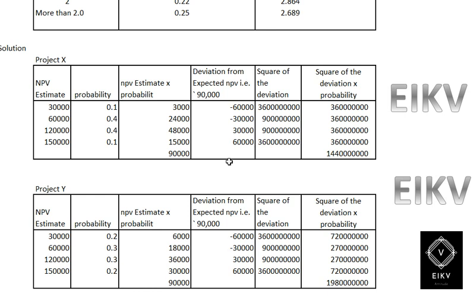Next we need to square these figures, x minus x dash. The 60,000 squared, 30,000 squared, 30,000 squared, 60,000 squared, which gives you these figures.